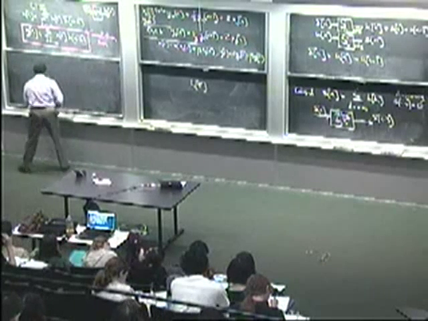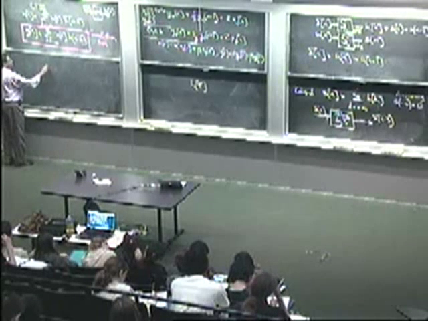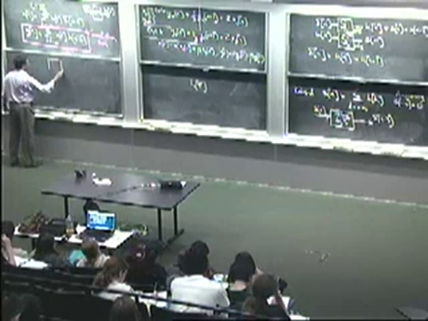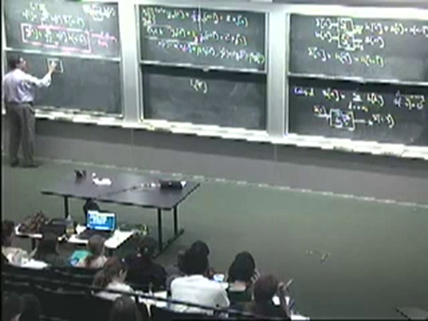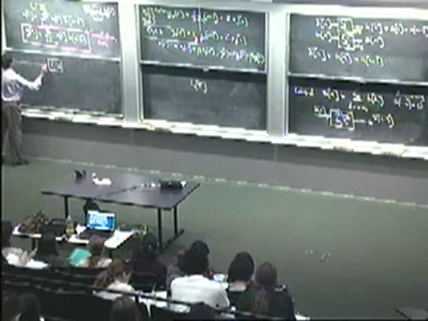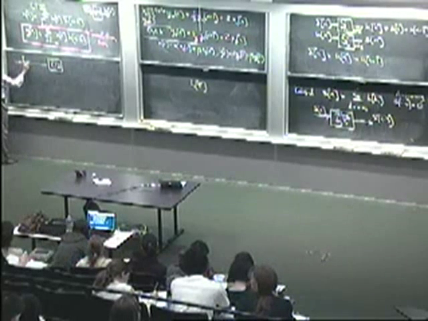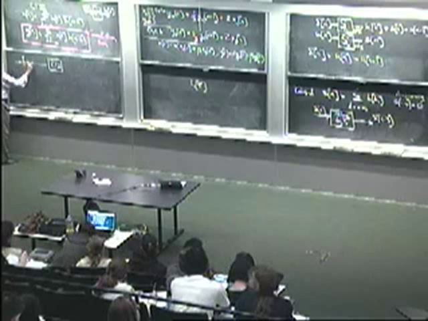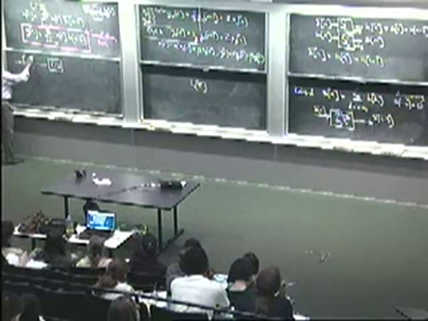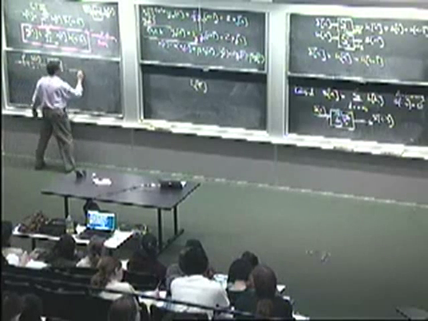It may look mysterious, so let's actually do it step by step again. Here's our LTI system. If I put in a unit sample function, this is the unit sample function going in, I get some response.